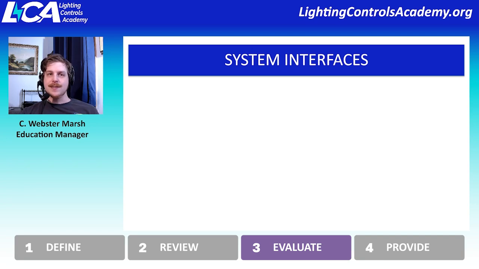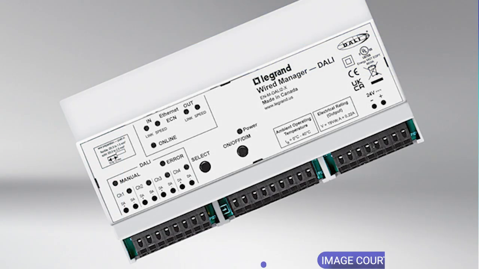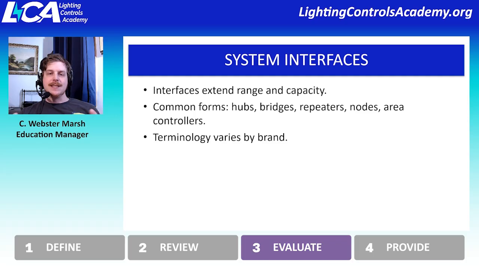System interfaces. So interfaces are just devices that expand the range and capacity of the system. You might see hubs or bridges, repeaters, you might hear the term node or area controller. These are just devices that expand the capability of the system. And the terminology really, unfortunately, varies by brand, but again, these devices are just auxiliary devices meant to help with that communication.